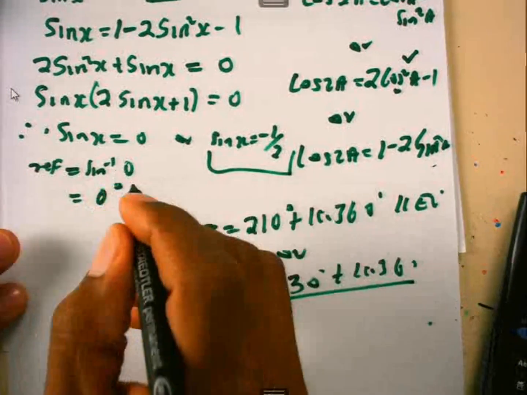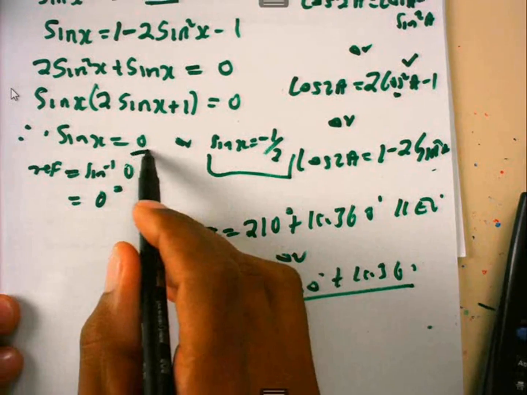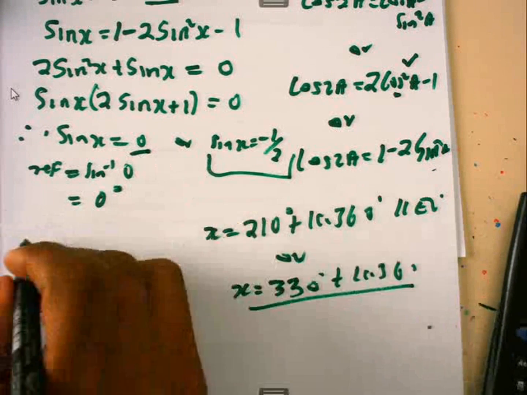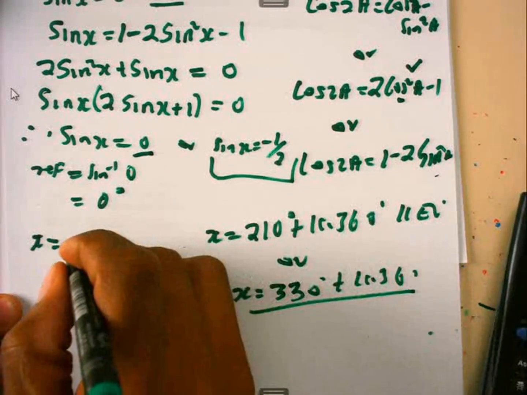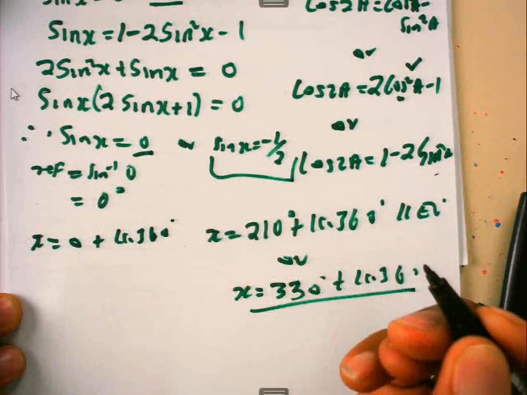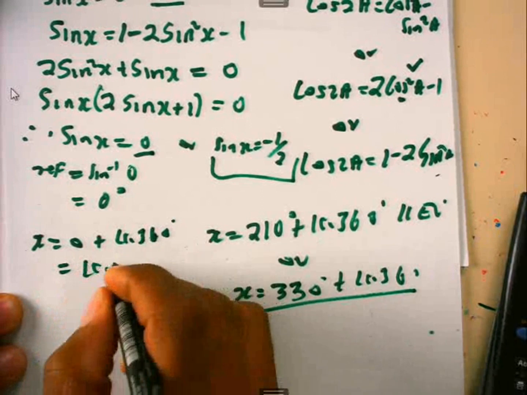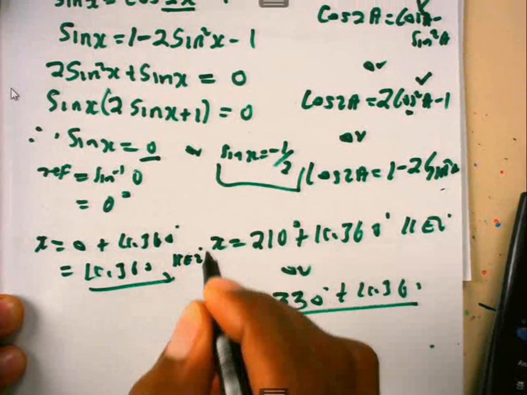Now, in which quadrant is sine positive? That is the first. Then it means x is equal to 0 plus k times 360 degrees. Of course, the answer can just be 360 degrees there, where k is an element of the integers.